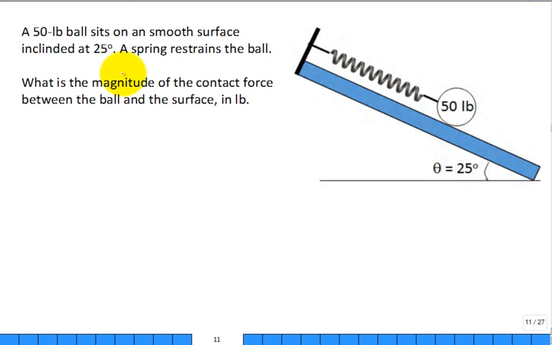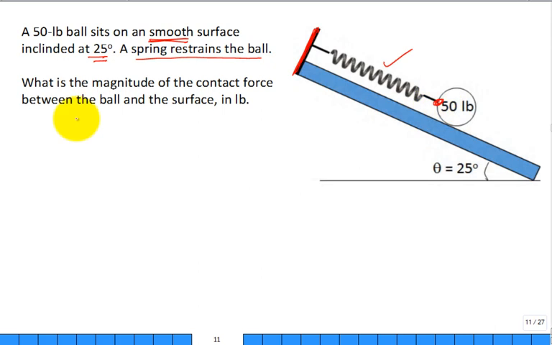So we have a 50-pound ball that sits on a smooth surface inclined at 25 degrees. So what does this word smooth mean? There's no friction there. A spring restrains the ball. Here's a spring. It's attached to this end, and it's attached to the ball right there.